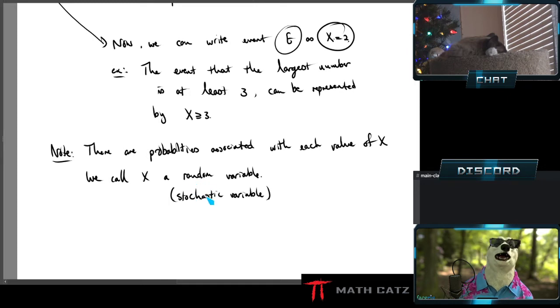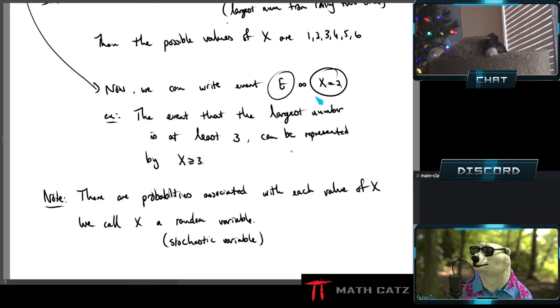Random feels like, oh, anything can happen. It's random. No, it's not random, actually. Only the numbers 1 to 6 can happen, and with specific likelihoods as well. It's not really random. But somewhere someone decided, oh, stochastic, that's a scary word. We can't use that. People won't buy our books. So let's make it the word random, even though that's not really what it is. It's not random at all, actually. So random variable is what everyone uses these days.